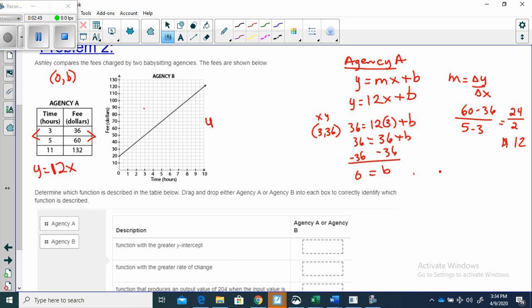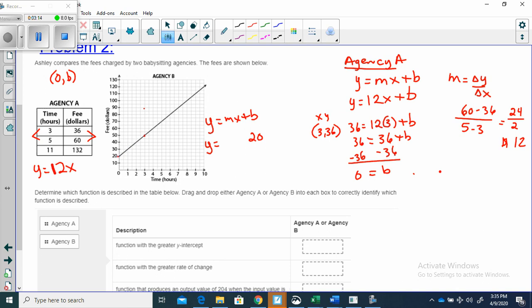Let's write the equation for this so we'll know what it is. Y is equal to mx plus b. We know our b is 20. That's where it's starting. So there's an initial fee of $20 just to come out. Let's figure out our rate. Okay, well, here's one that's on the line.